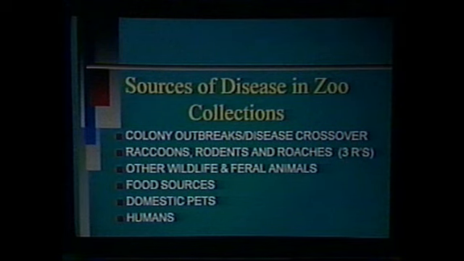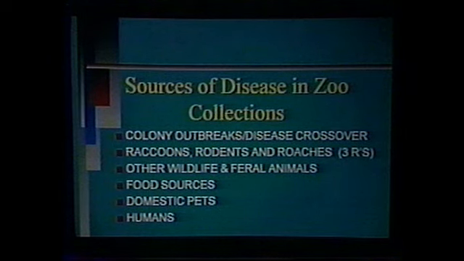Many of the diseases arise within the colonies of animals themselves via the various different pathogens, viral, bacterial, fungal, that are inherent within the colony. In some cases, if these diseases have a wider host range than that particular species, then they can cross over into other colonies.